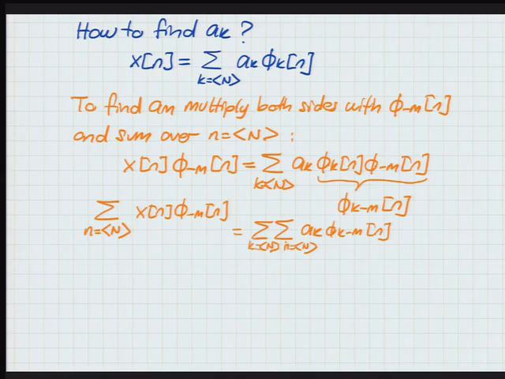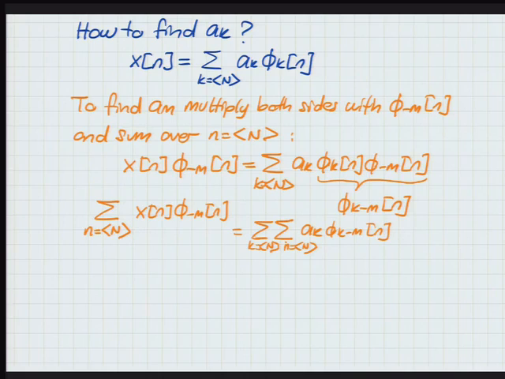When I change the order of the summation, something good happens. The inner summation is running over time little n, and it could care less about what a sub k is. k is independent of n.